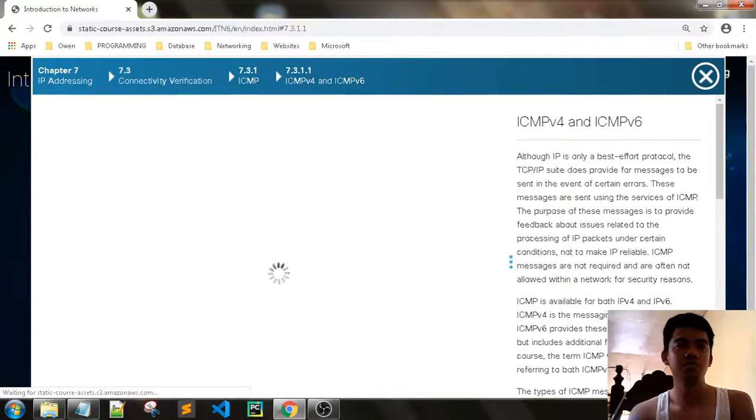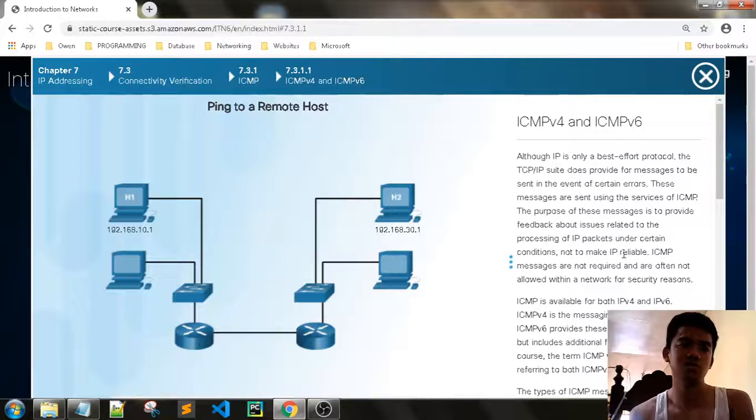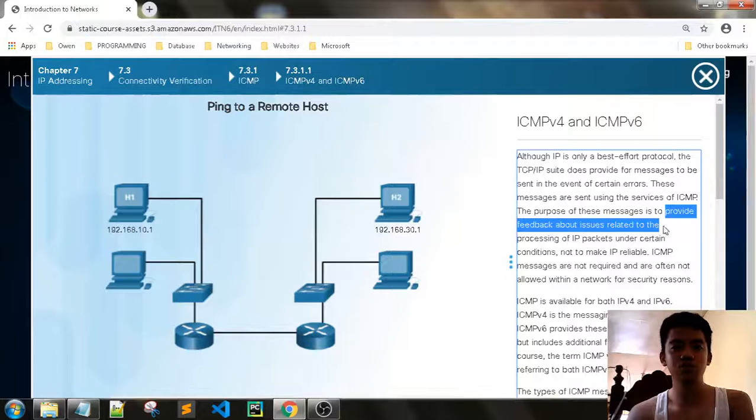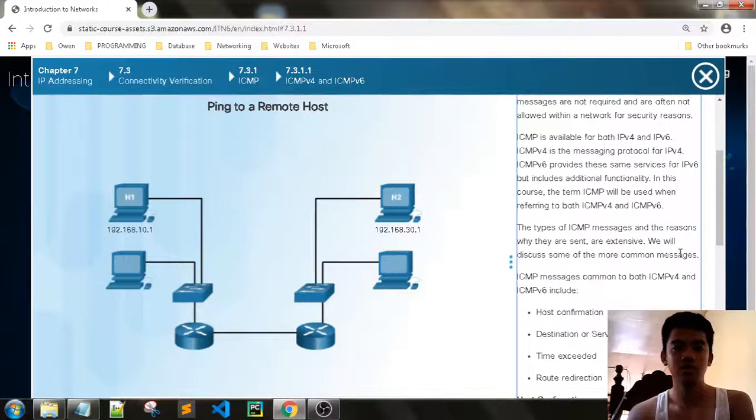ICMPv4 and ICMPv6. It is only a messaging protocol. It is used to provide feedback about issues related to the processing of IP packets, not to make IP reliable.